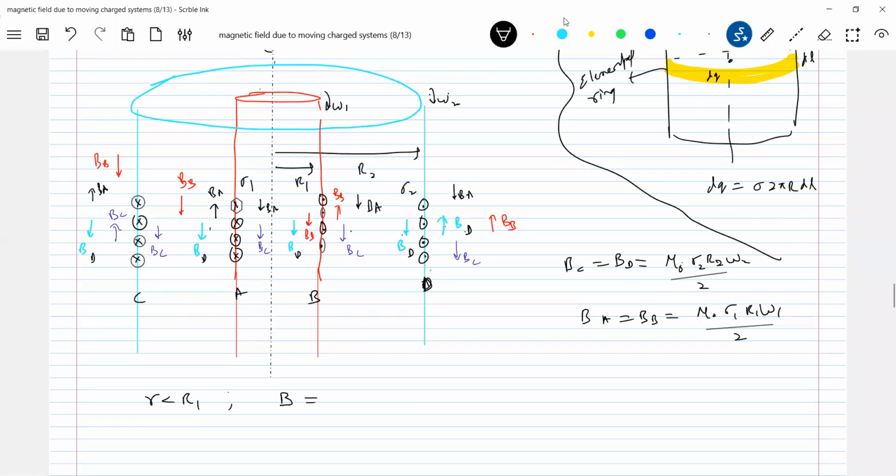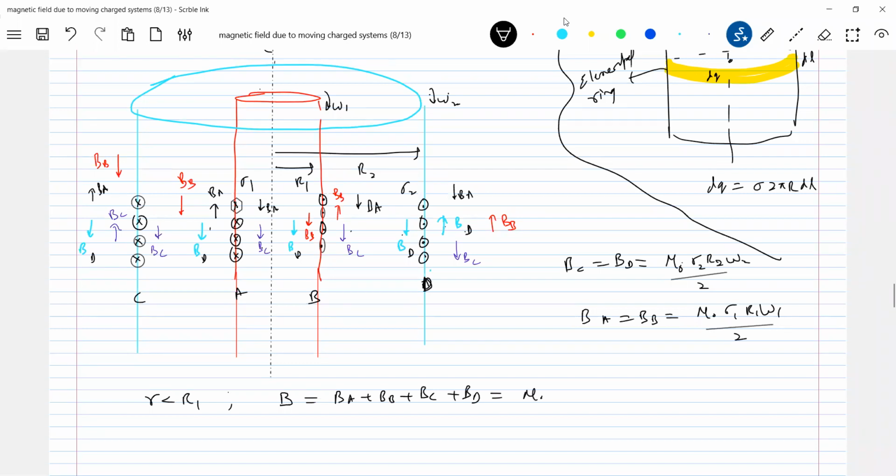Shall I say all will get added up? I try to see the arrows. Due to all sheets, it should be added up. BA plus BB plus BC plus BD.